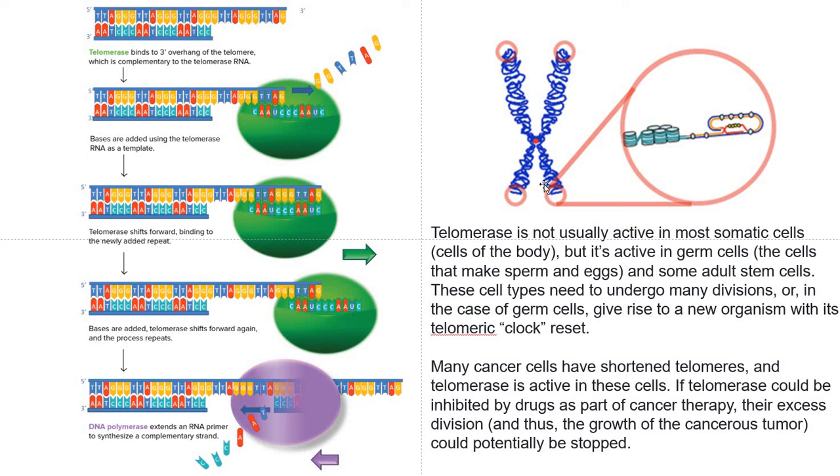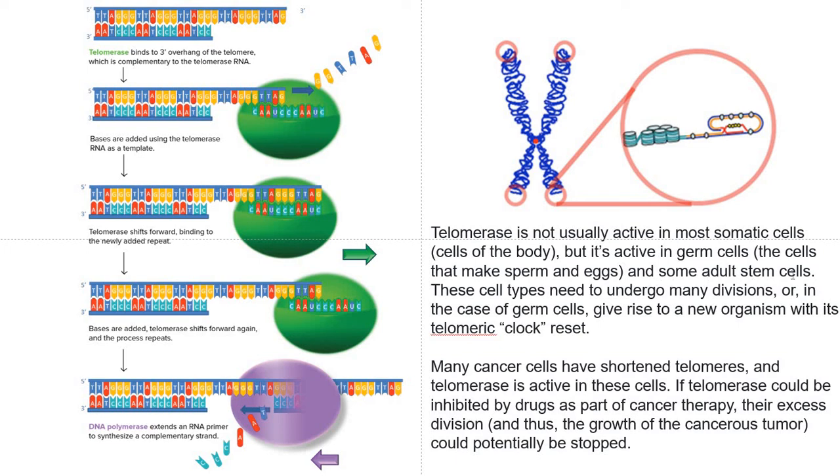One of the things that you want to keep in mind is that telomerases are not active in most somatic cells, which are most of our body cells. It's active in germ cells, because those germ cells make sperm and eggs, so it has to be activated because they divide more often than the somatic cells.